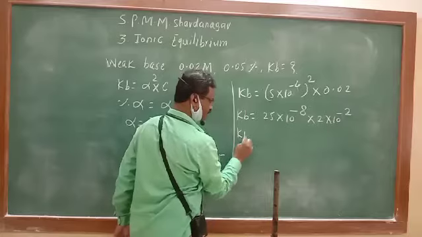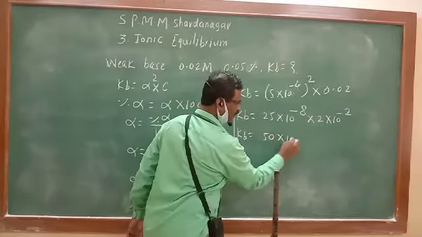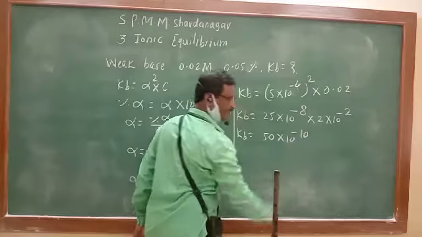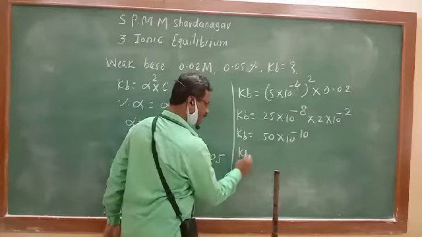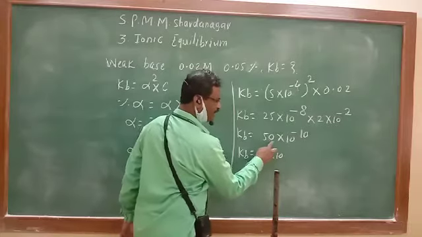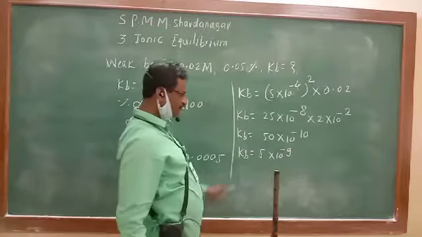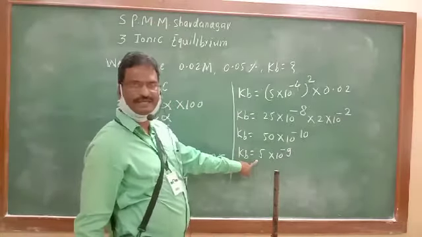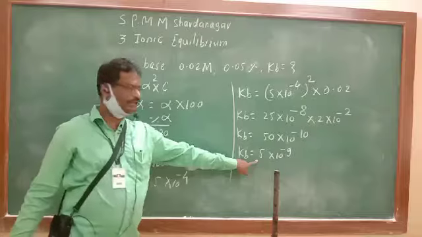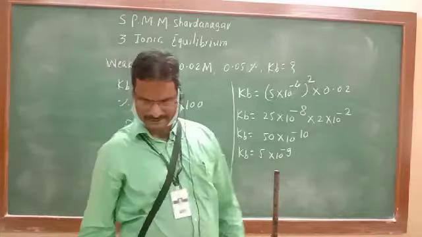So 25 into 2 is 50, multiplied by 10 raised to minus 10. So Kb is equal to 5 into 10 raised to minus 9, taking the decimal one place to the left. 5 into 10 raised to minus 9 is the dissociation constant of this weak base.